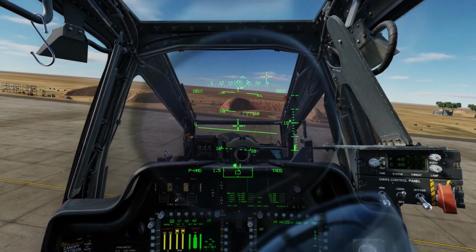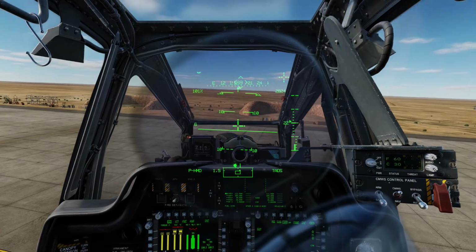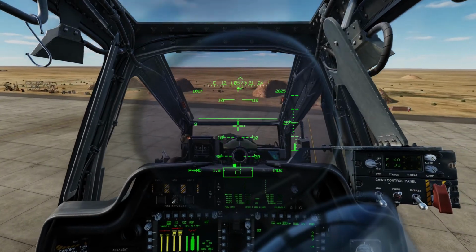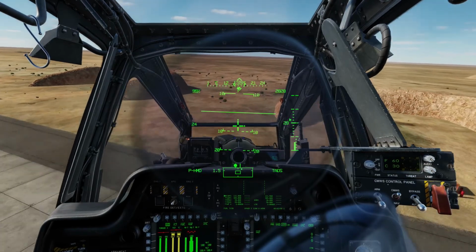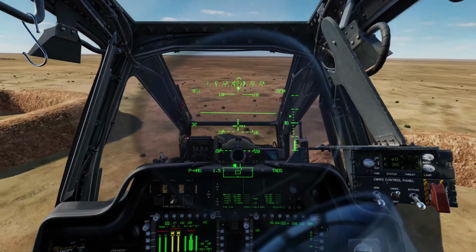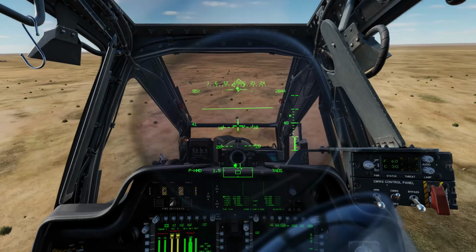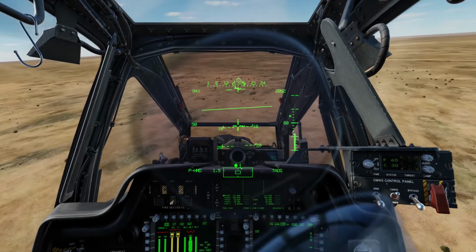So in order for us to be able to depart the airfield, we're going to have to use translational lift and essentially accelerate before we can even gain altitude. So here we go.